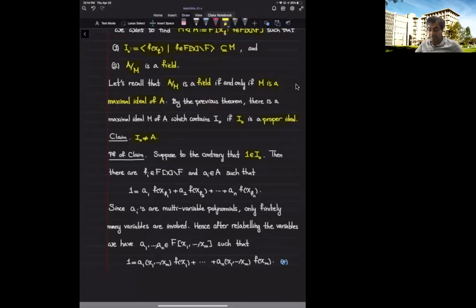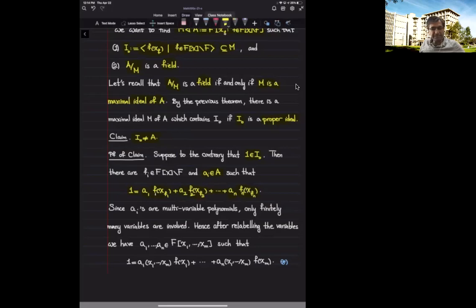So I can find elements a sub i inside this huge ring, and some f sub i's, and write down 1 as a linear combination: a1 times f1 of x sub f1, plus a2 times f2 of x sub f2, and so on up to an times fn of x sub fn.